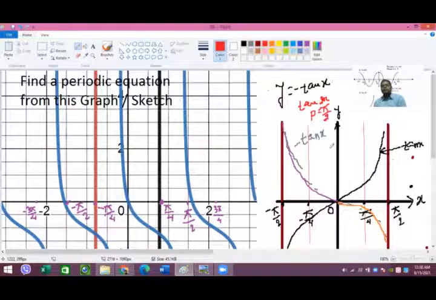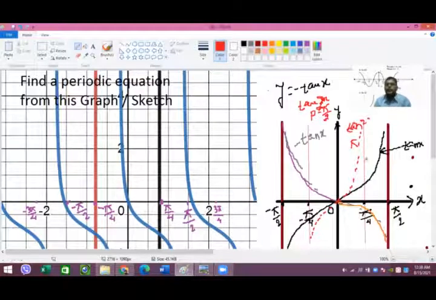So if we are talking of tan 2x, this would be the curve, and it will show asymptotic nature about x equals plus minus pi by 4.